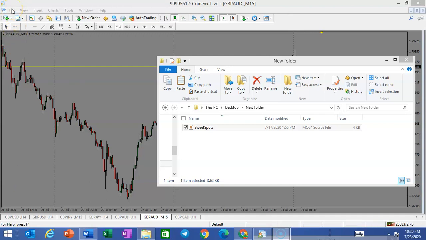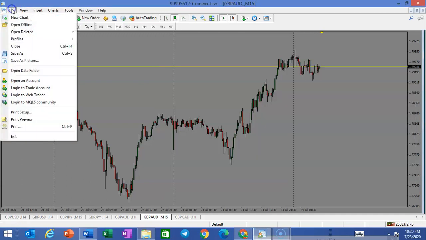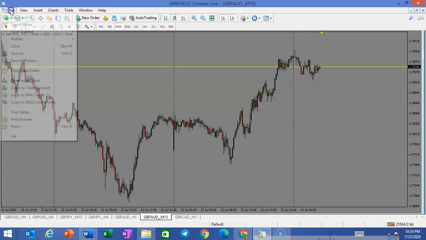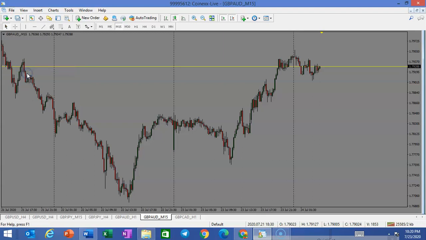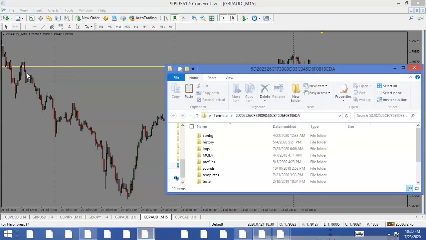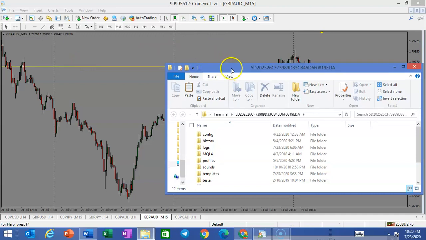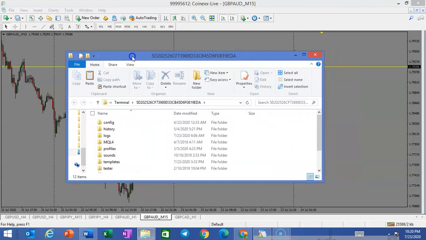And so within your MetaTrader 4 account, you would go to Open Data folder, and that will bring you to the file that you saved, actually the path that you saved MetaTrader 4 on your computer. You would then go to MQL4.